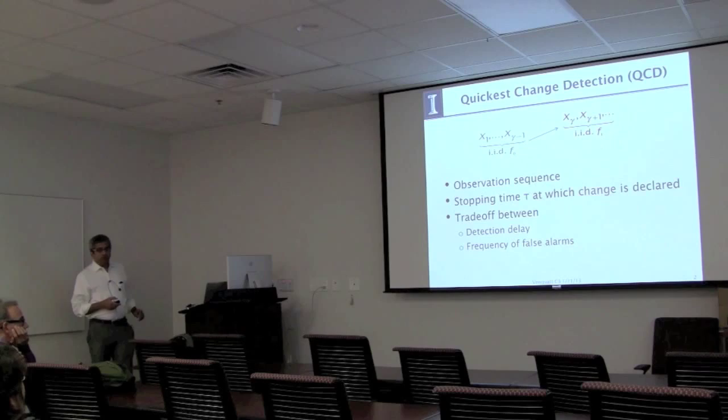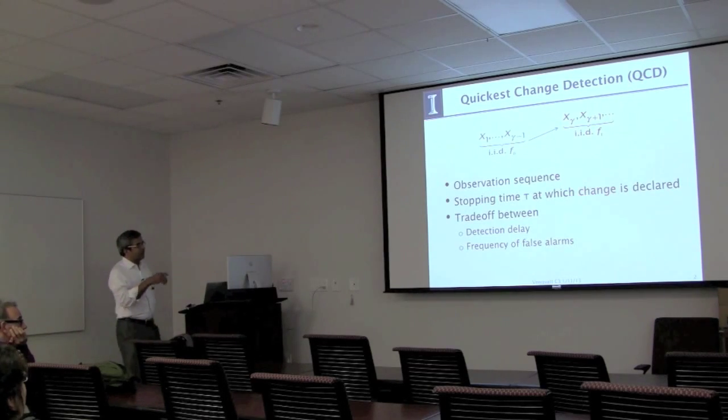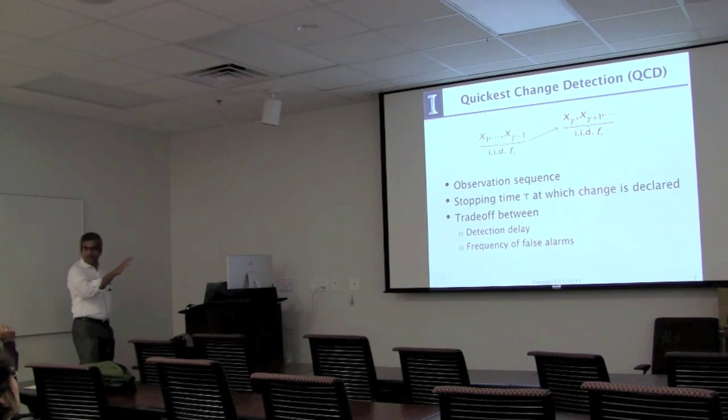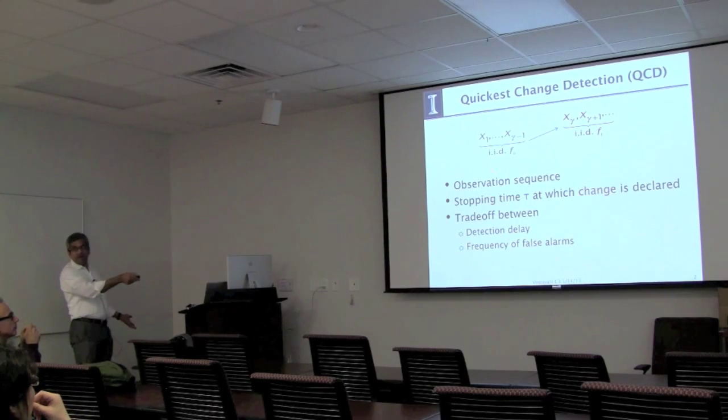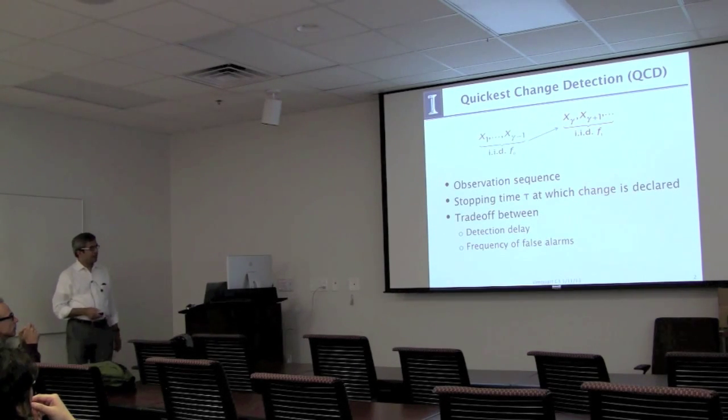All right. So here's the quickest change detection problem. You have a sequence of observations, and the distribution of the observations changes at some unknown point in time, gamma. In the simplest model, the observations could be IID with some PDF f0 before the change occurs, and after the change, IID f1.